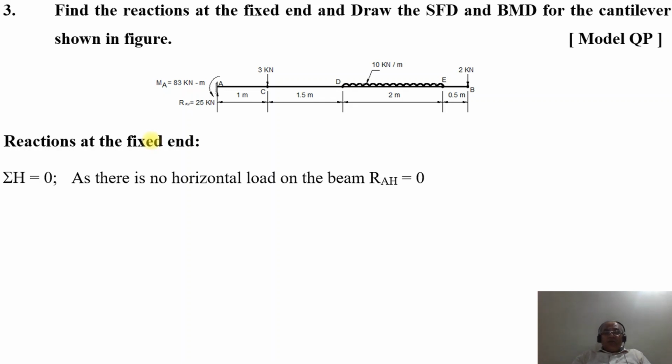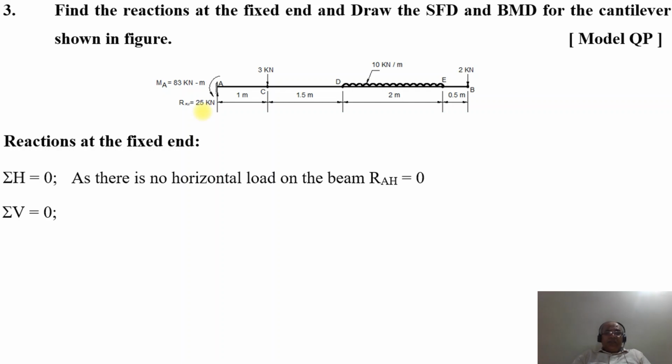Now, since all the loads are acting downward, the reaction at the fixed end acts upwards, which by sign convention we take as positive. So sigma V, the summation of all the vertical loads, will be equal to 0. By convention, the load acting upwards is positive and the load acting downwards is negative.